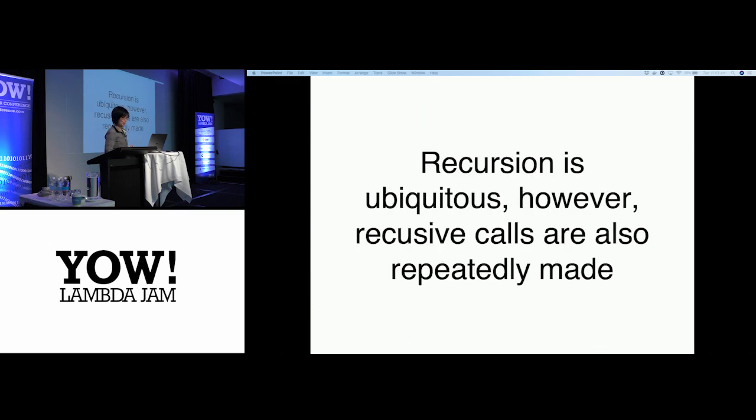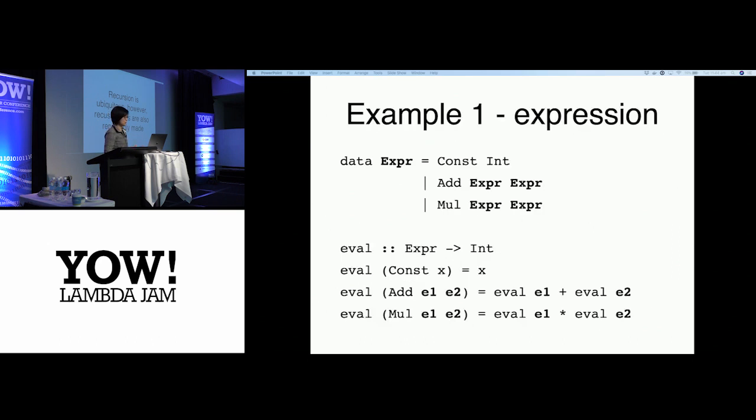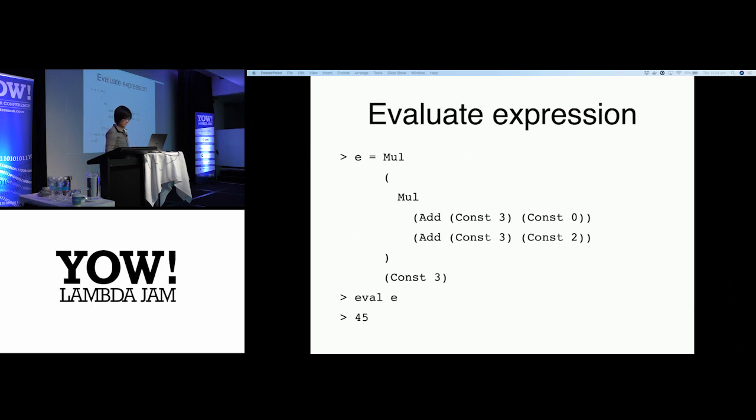In functional programming, recursion is used extensively. However, there is always a lot of boilerplate in making recursive calls. Here is one example, a typical expression example. The highlighted parts are recursive calls, and there is interleaving of recursive calls and application-specific logic, such as how to evaluate.